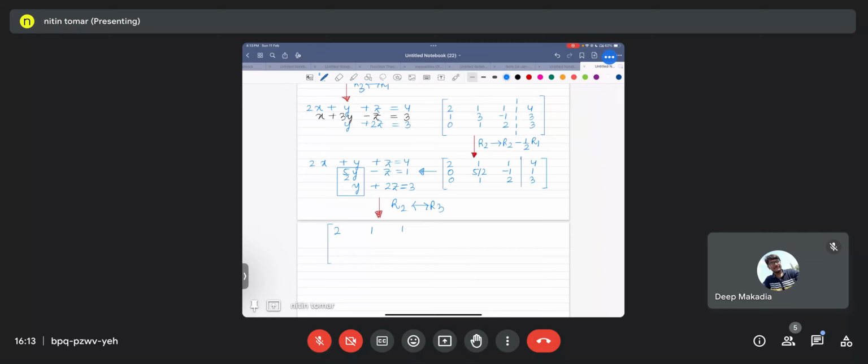Why is interchange required? Sir, why are we going to interchange? Because we are learning the modified Gaussian elimination method. Sir, but 5 by 2 is greater than 1. The coefficient is larger. Oh, okay. We don't need this. Yes, sir, this is already larger. Sorry. So here we do not need interchange.